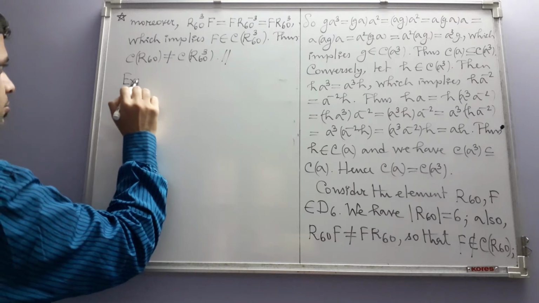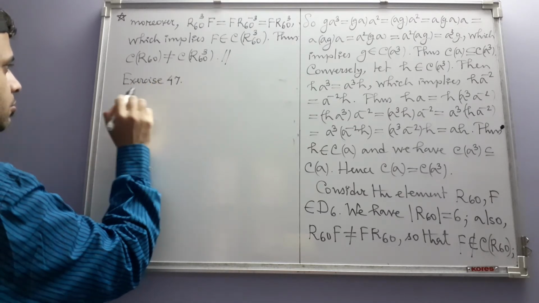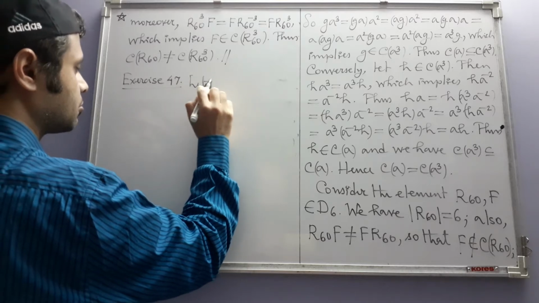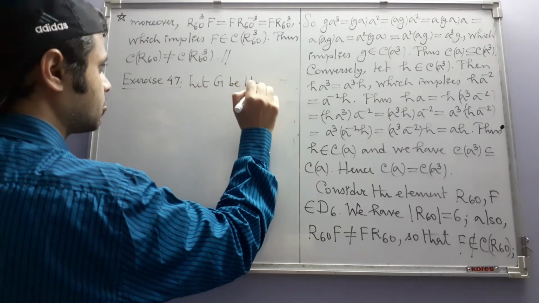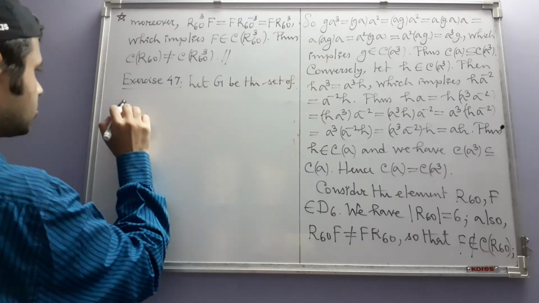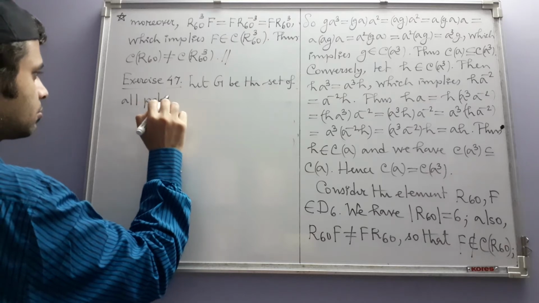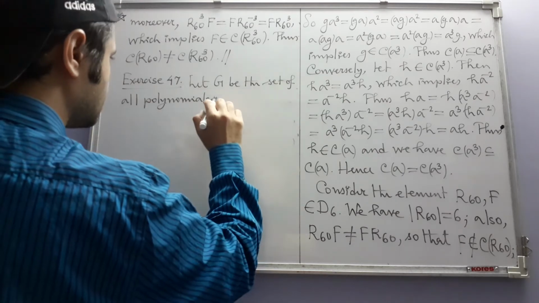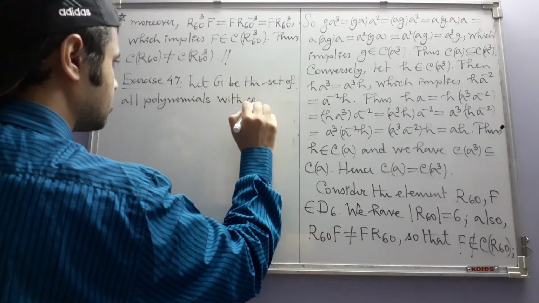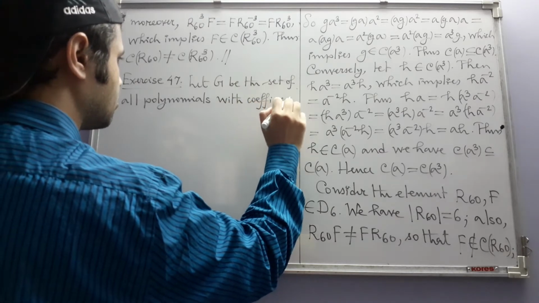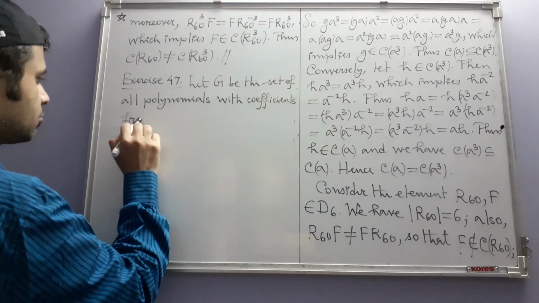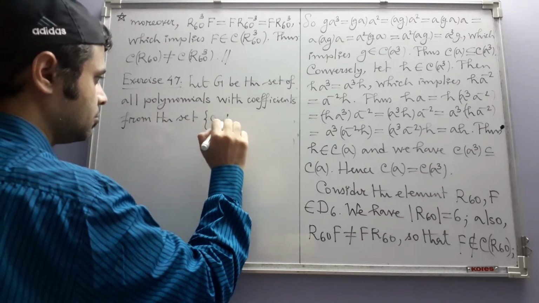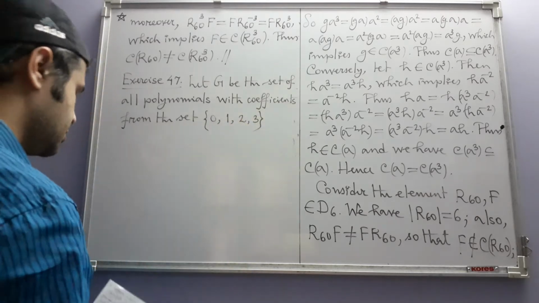47. Let G be the set of all polynomials with coefficients from this set.